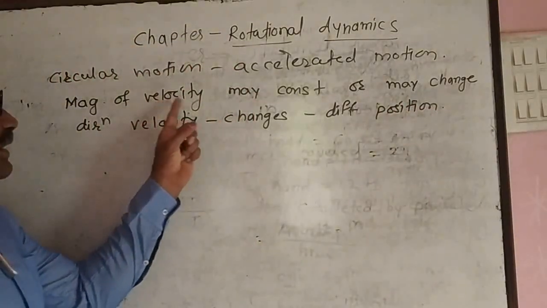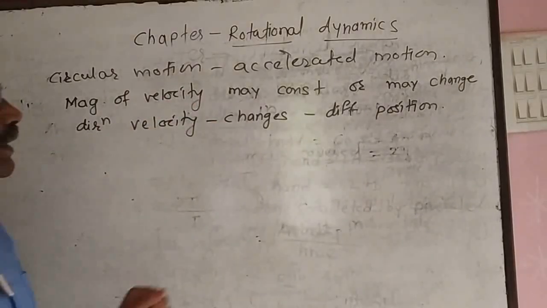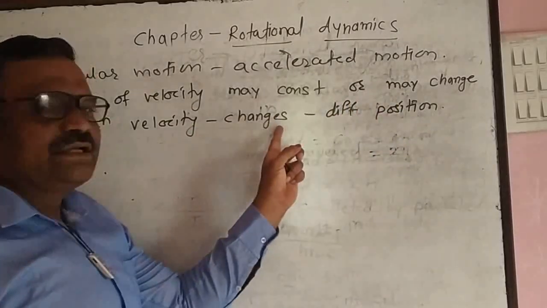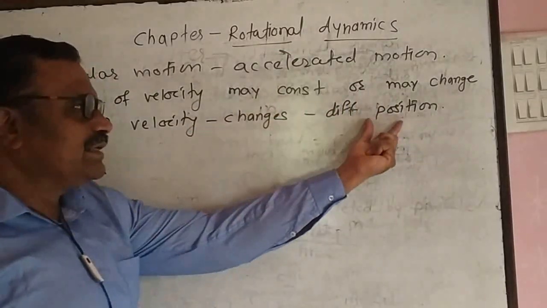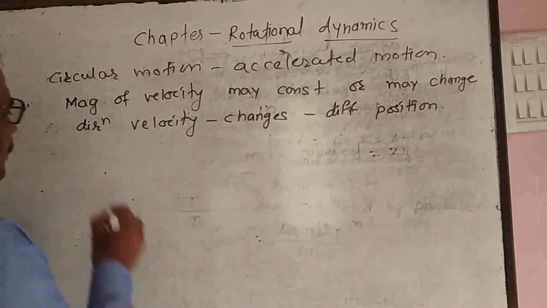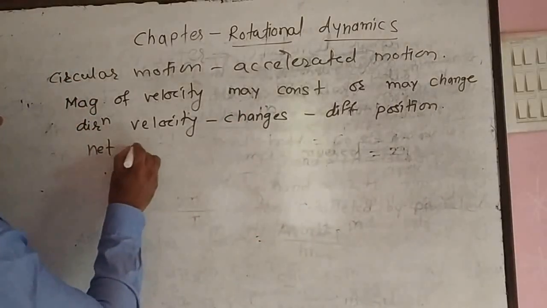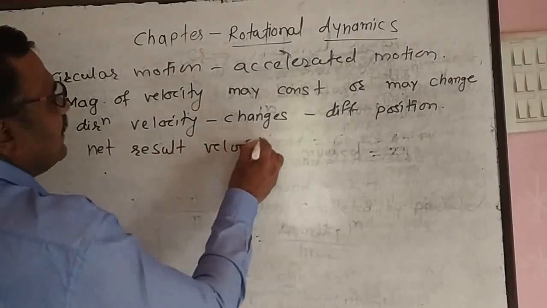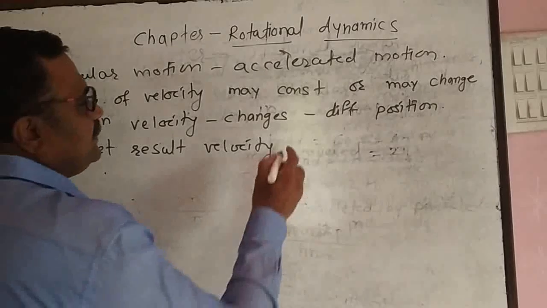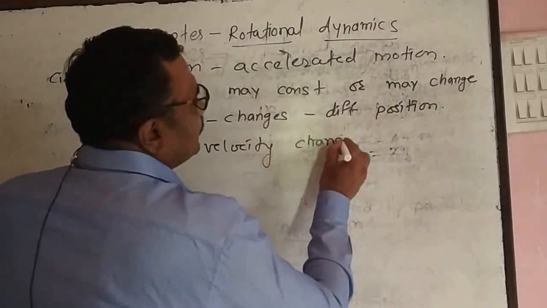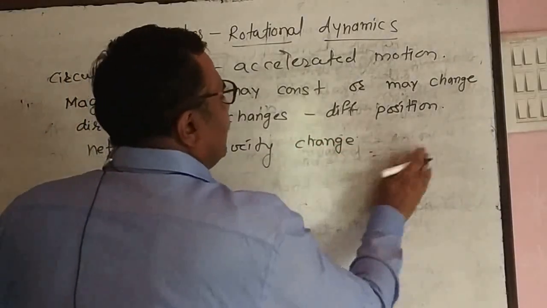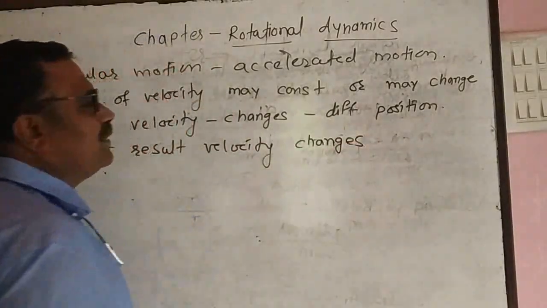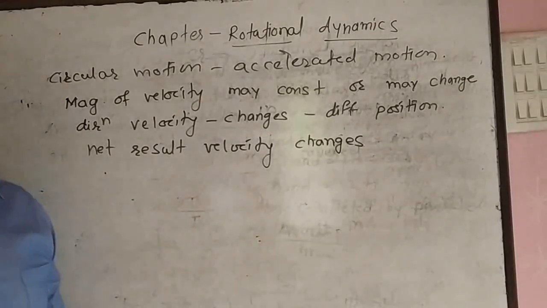Now, velocity is a vector quantity. It depends upon magnitude as well as direction. In circular motion, direction changes, and therefore the velocity of a particle in circular motion changes, and due to that we can calculate acceleration, and therefore uniform circular motion is known as accelerated motion.